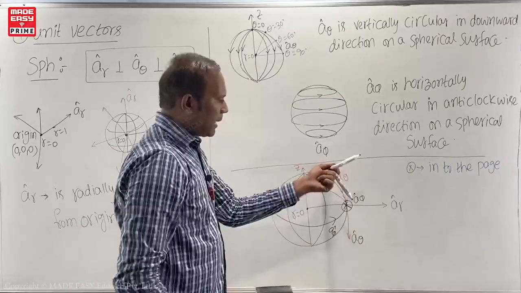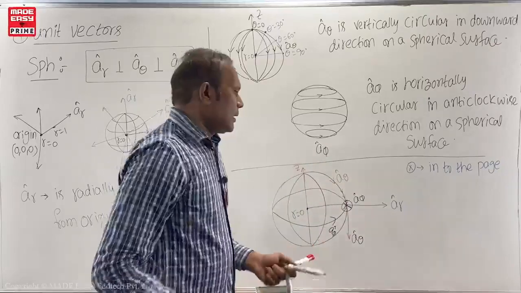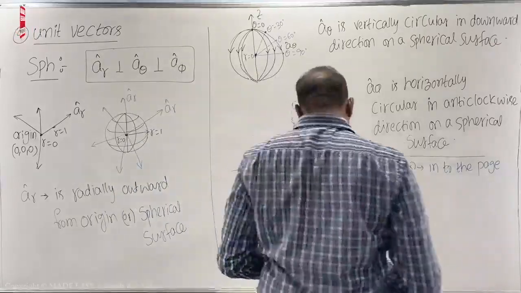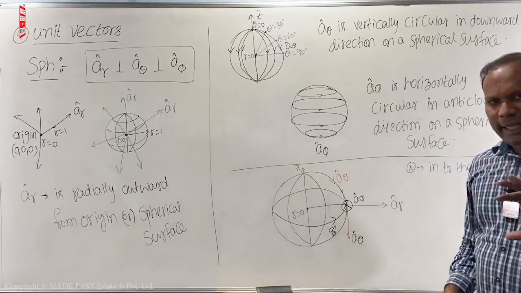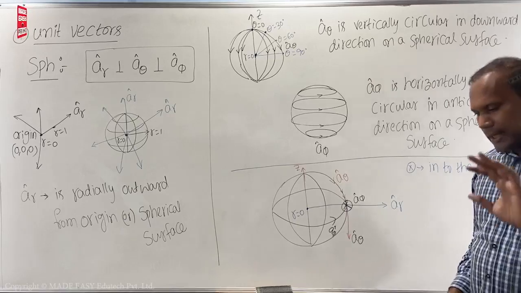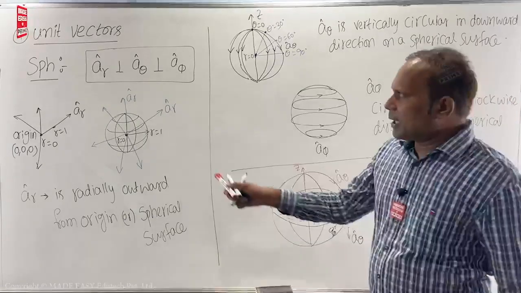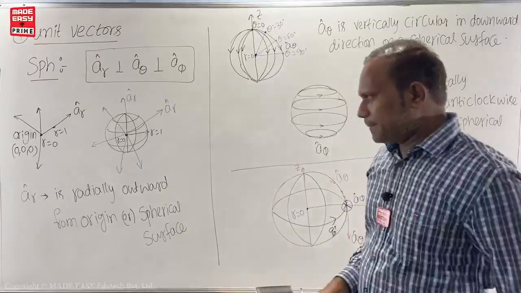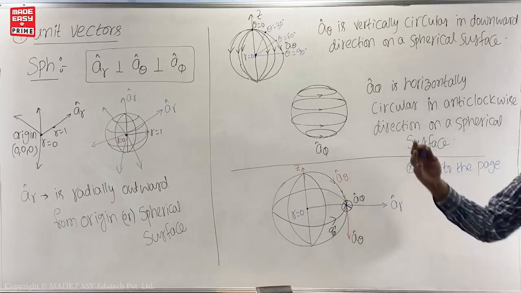At this location they are like this. Anywhere they are like this only. They will be moving like this. So ultimately don't bother much. I told you in rectangular system AX, AY, AZ are mutually perpendicular. In cylindrical also A rho, A pi, AZ are mutually perpendicular. In spherical also they are mutually perpendicular. Okay. Now we have to discuss next fifth point.